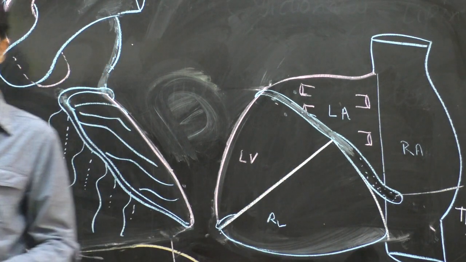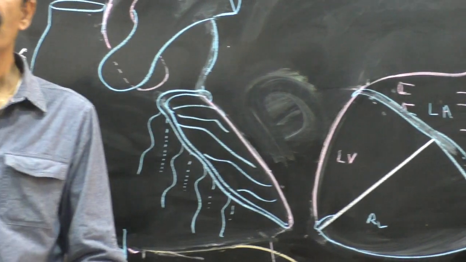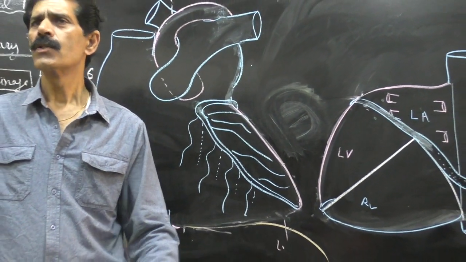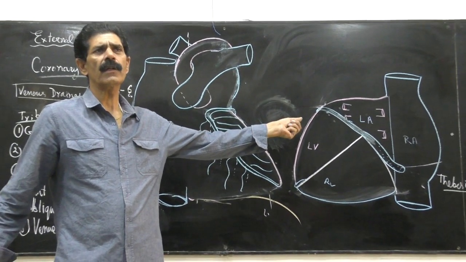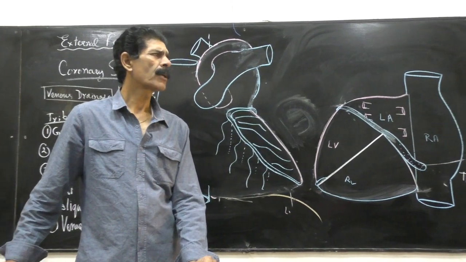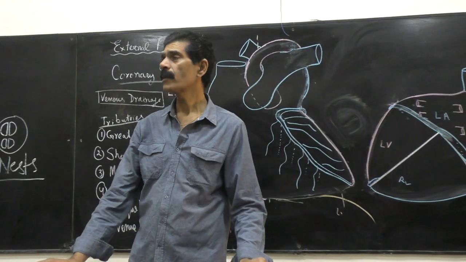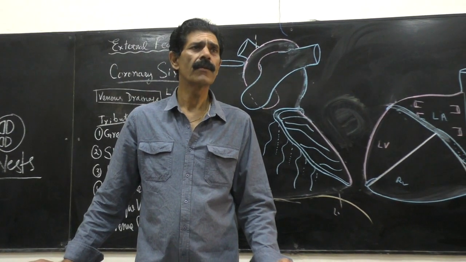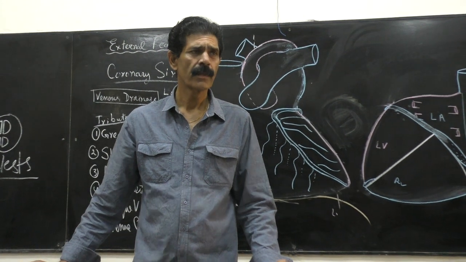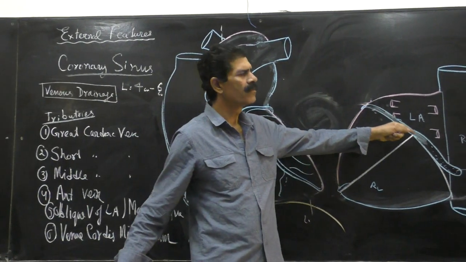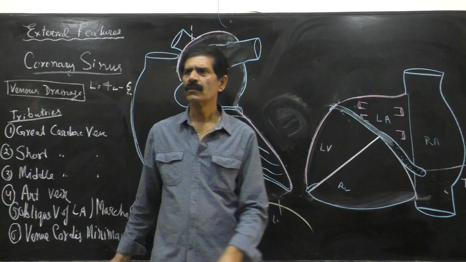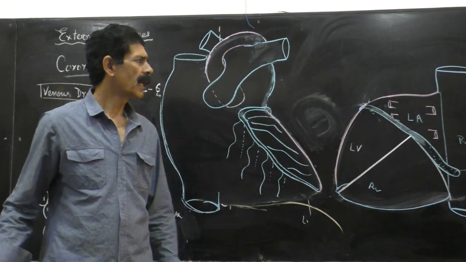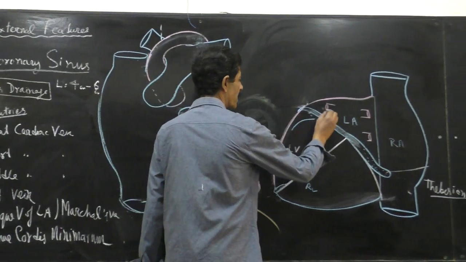Actually, it is of large caliber, the largest tributary of the coronary sinus. Its diameter is almost equal to the diameter of the coronary sinus. In other words, we can say that the great cardiac vein is the continuation of the coronary sinus, because it is in line with it. So that is what we say about the great cardiac vein. A larger area of drainage is there.